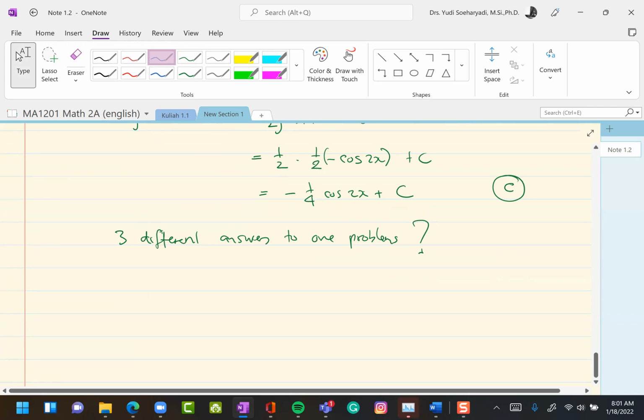What kind of formula do you have? It's from the identity sine squared x plus cosine squared x equals 1.